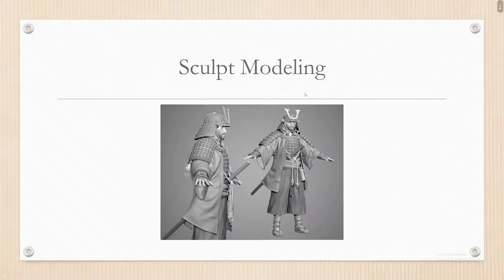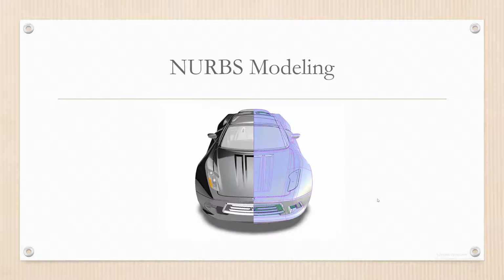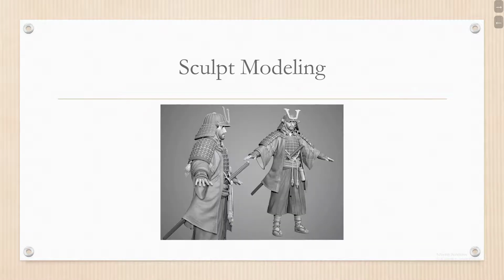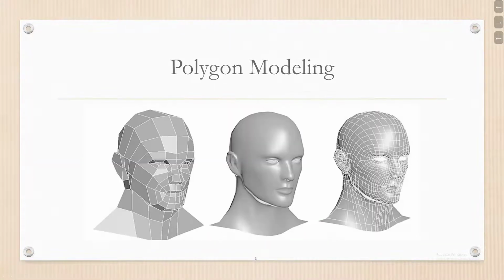So next one is your sculpting. Okay, sculpting is a kind of modeling where you have the base mesh created using your polygon modeling. For example, if I want to create a samurai like this, I'd be creating the basic face like this.